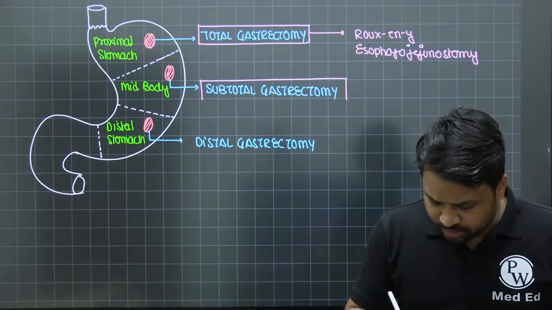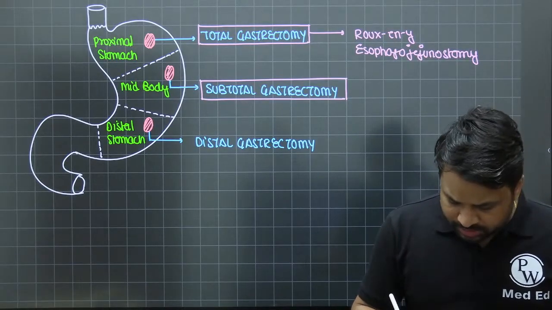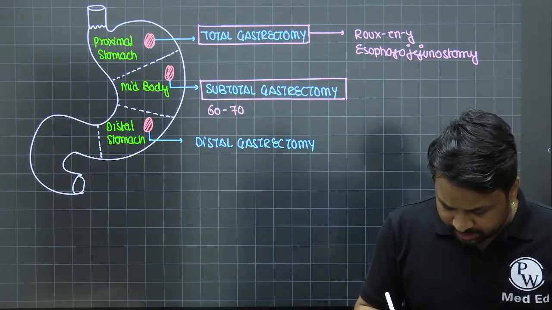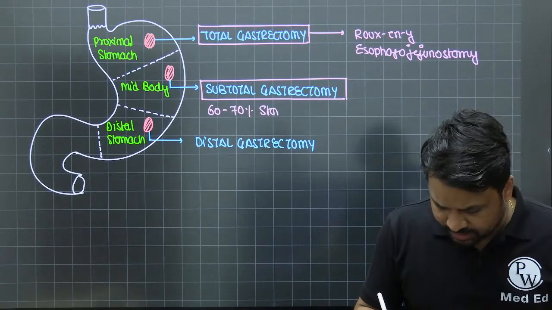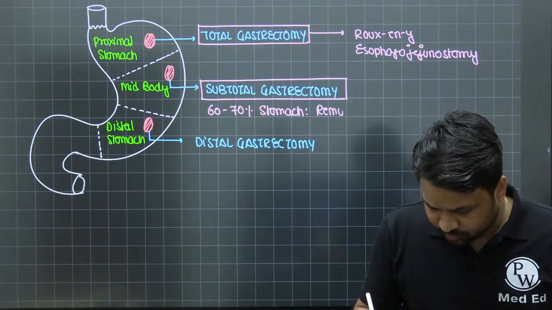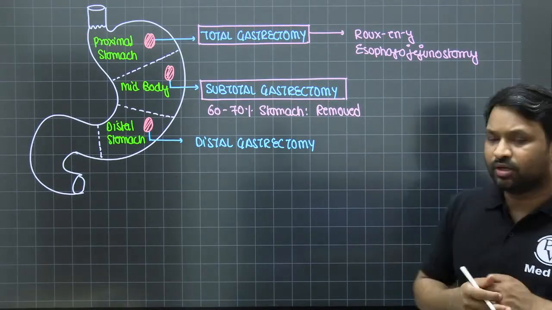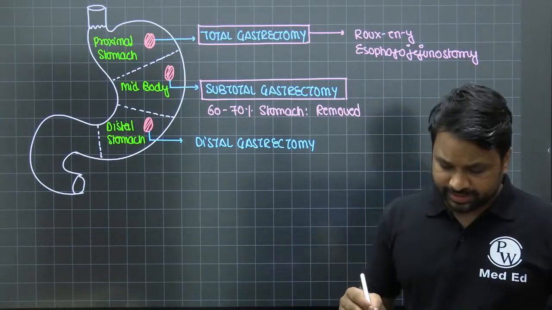Now, in a subtotal gastrectomy, how much stomach has to be removed to call it subtotal? Around 60 to 70% of the stomach will be removed for a subtotal gastrectomy. Okay.